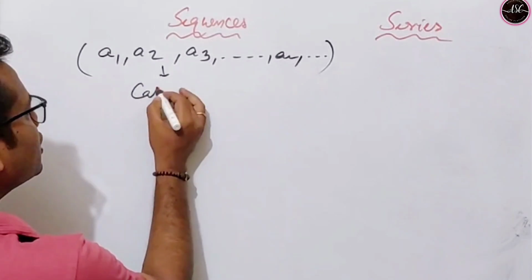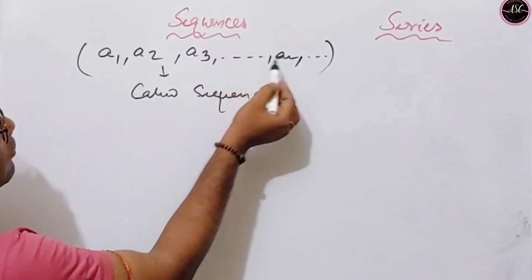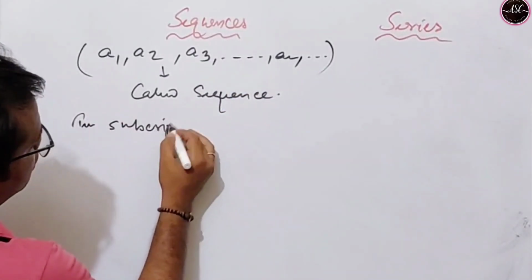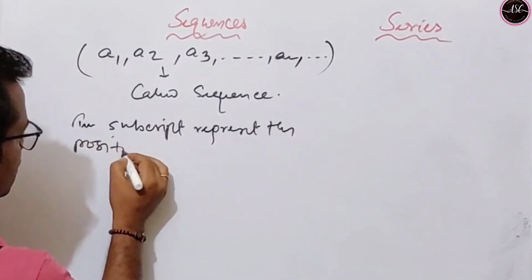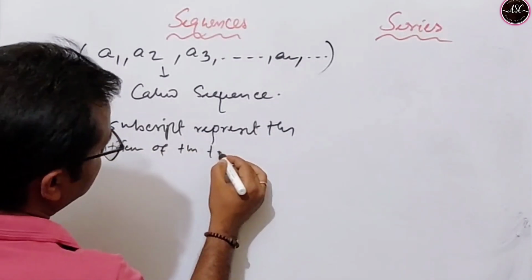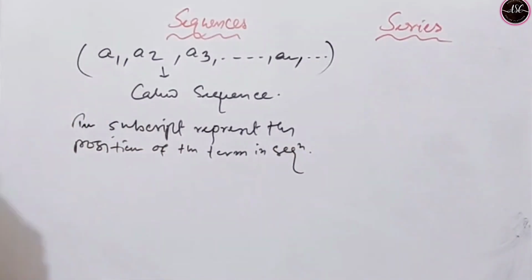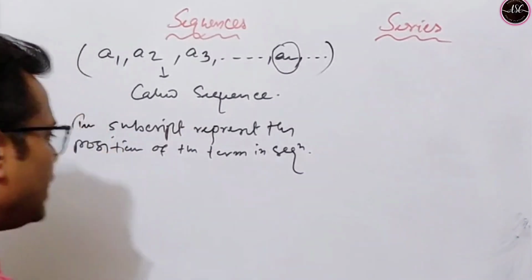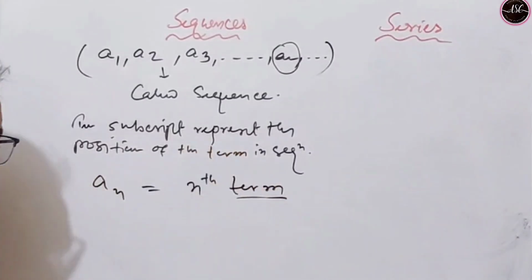The subscript, that is 1, 2, 3, 4 up to infinity, represents the position of the term in the sequence. So here we have written an. An is the nth term of the sequence.